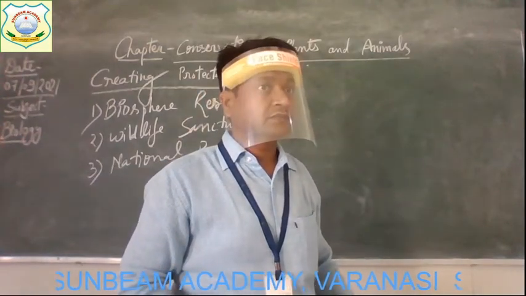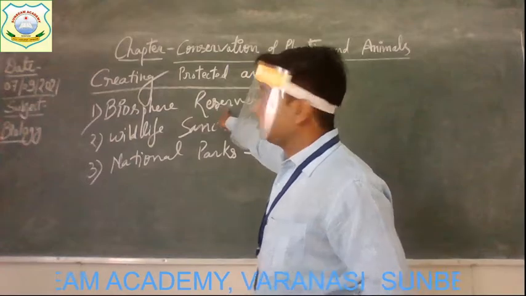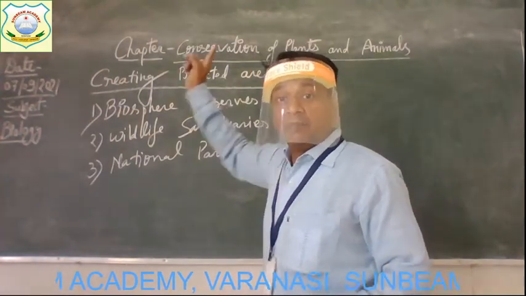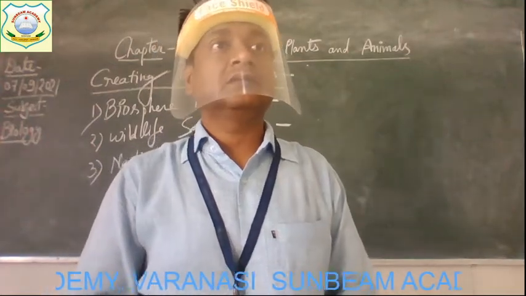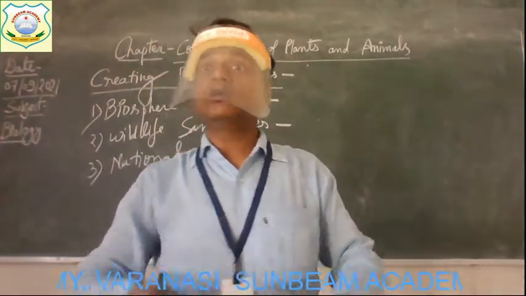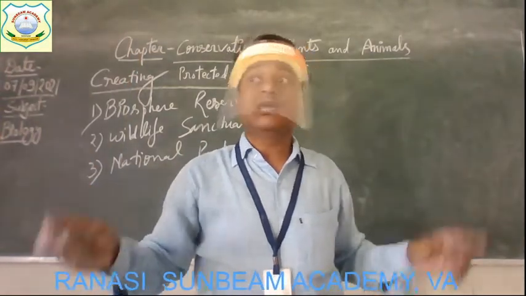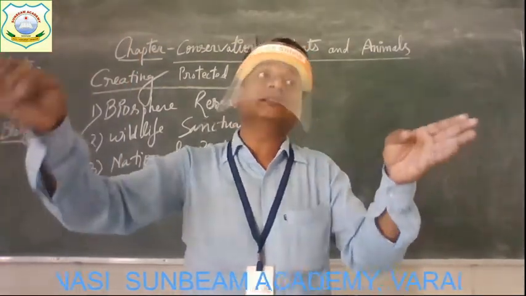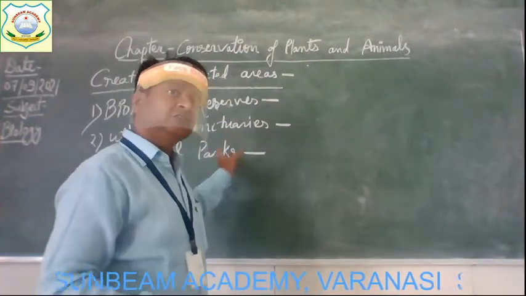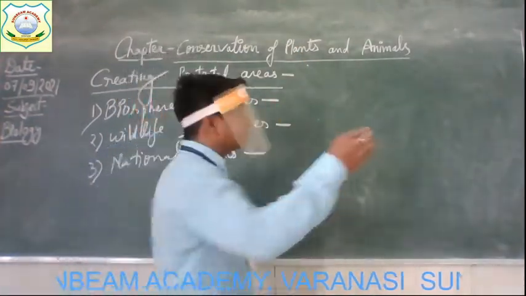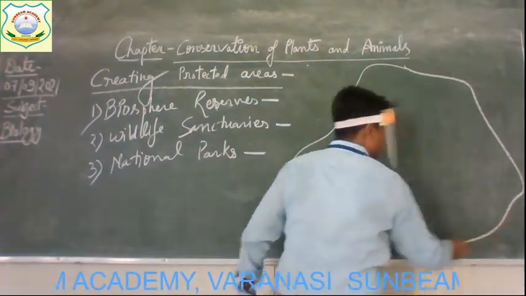A biosphere reserve, which we have discussed already, may have national parks and wildlife sanctuaries within it. Remember that I told you biosphere reserves are very large protected areas. So inside a biosphere reserve, wildlife sanctuaries can be there, national parks can be there. Suppose this is a large area in our country.